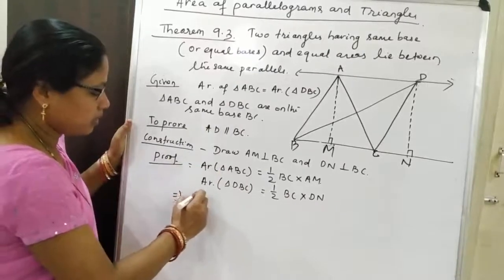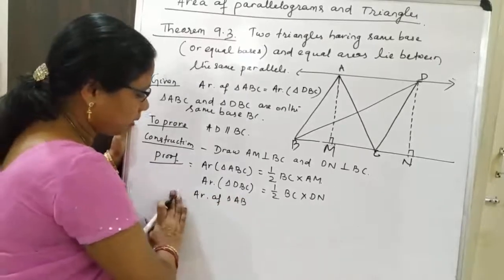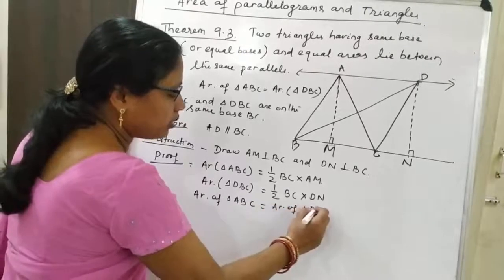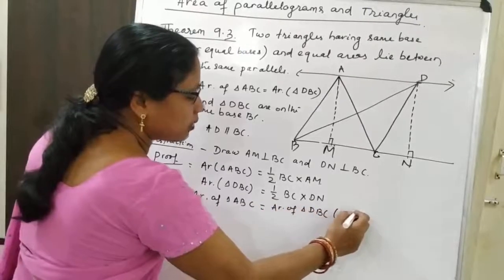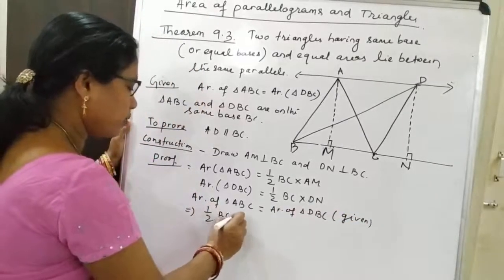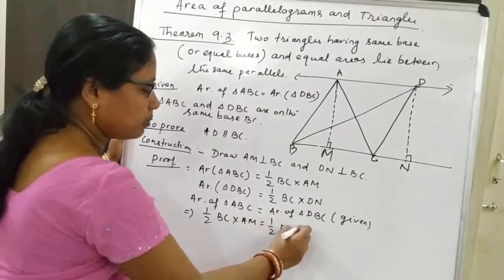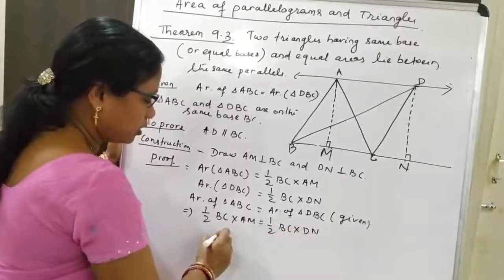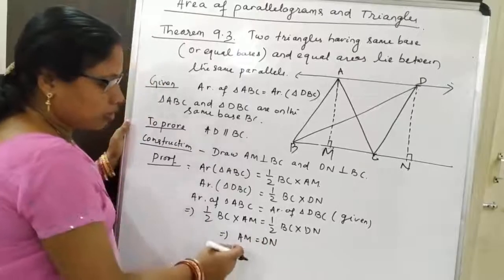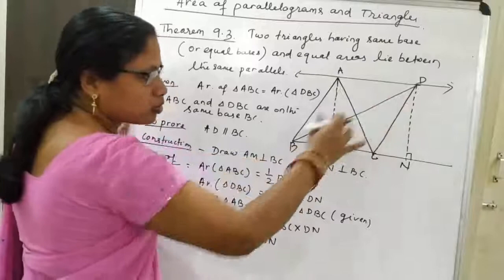So this implies half BC multiplied with AM is equal to half BC multiplied with DN. So this implies AM is equal to DN. So AM and DN are the altitudes of these two triangles.